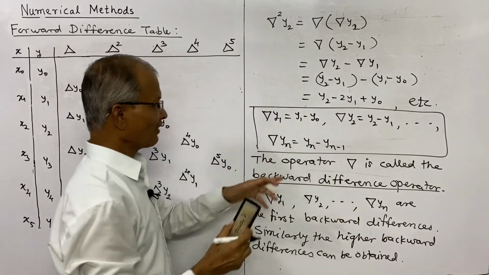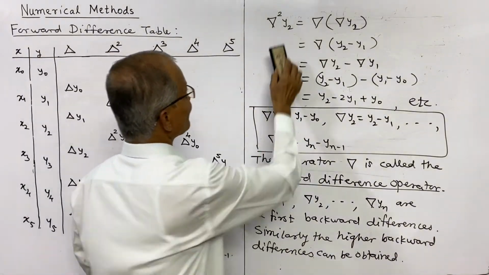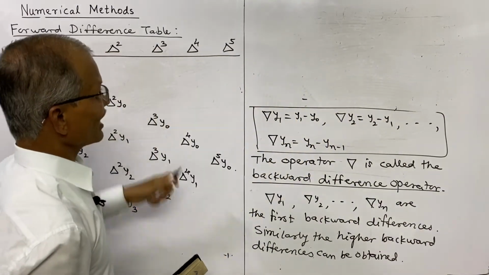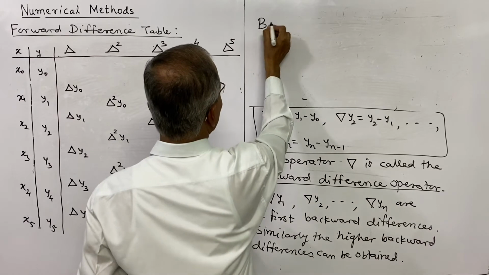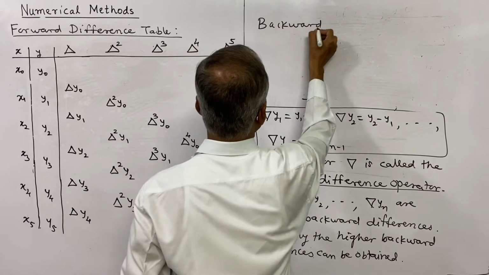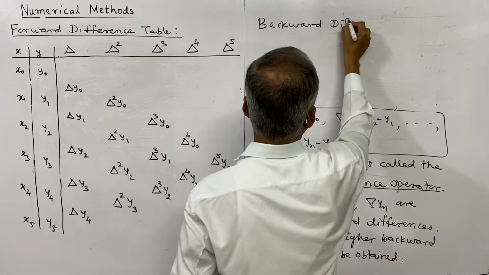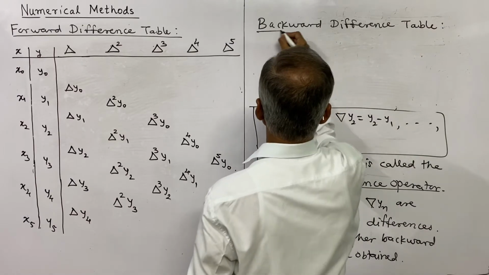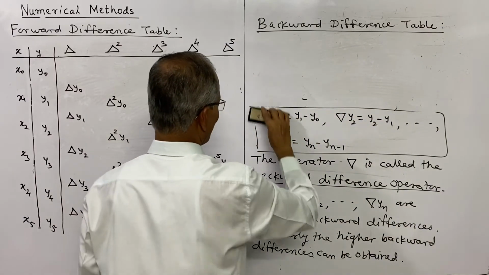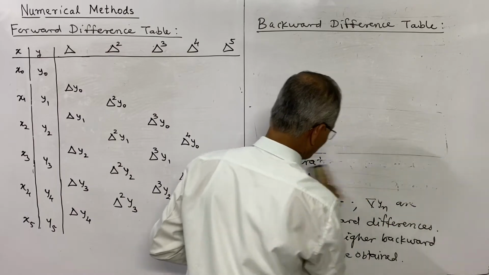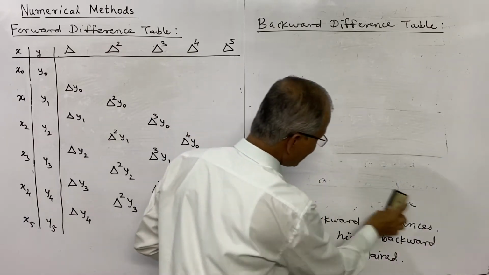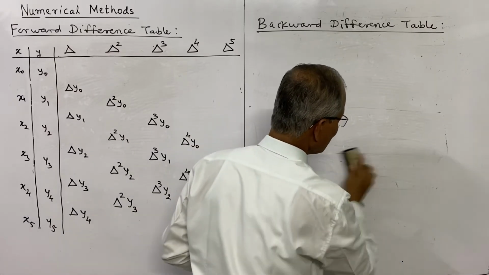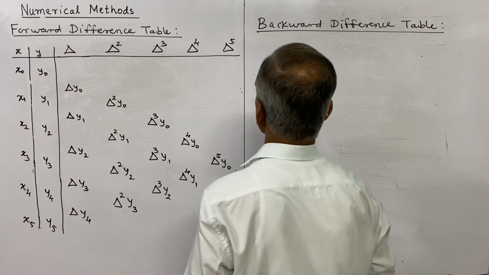You remember one, that is sufficient. So now we will consider the backward difference table and see the difference between the forward difference table and the backward difference table. The values of x and y we will take as the same, equally spaced.